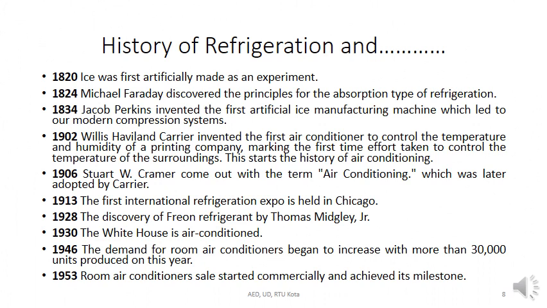So 1820, 1824 and so on. So different scientists create different type of concepts, and simultaneous development into different concepts is used to modernize the air conditioning as well as the refrigeration system. The commercially available technology are sold worldwide from 1953 to 1997.